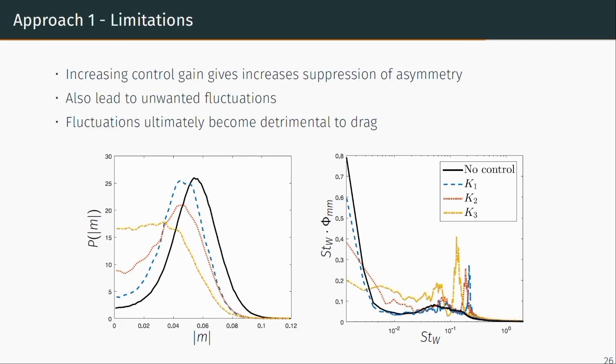We can make the flow increasingly symmetric, but we increasingly apply more oscillations within the wake. So although we suppress this low frequency energy in the spectrum, we put a lot more energy in at higher frequencies due to these sorts of unwanted interactions with the vortex shedding or with other features of the flow. And these fluctuations are generally detrimental to the drag.